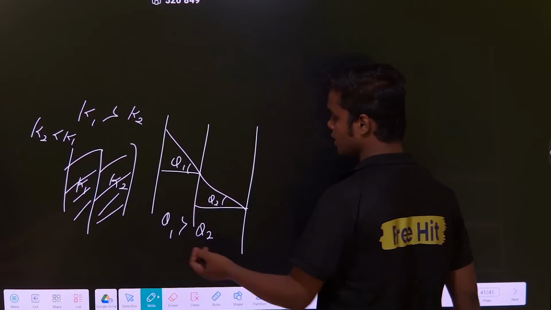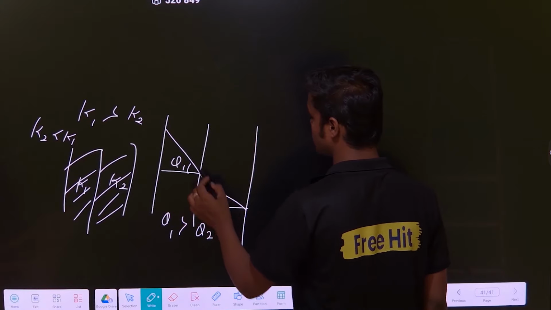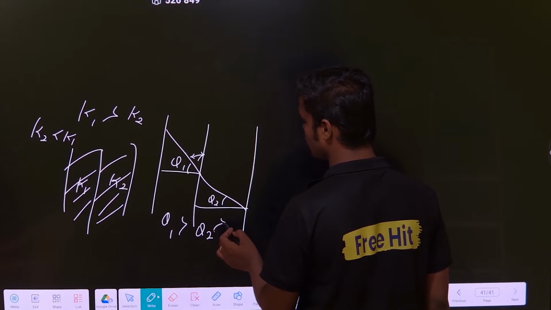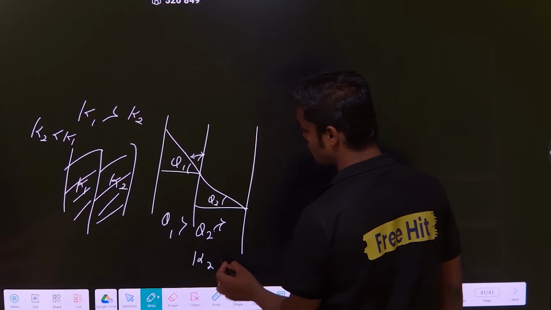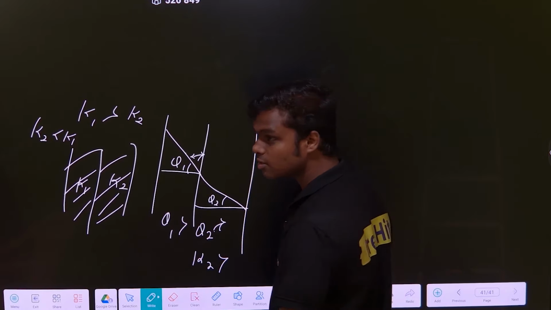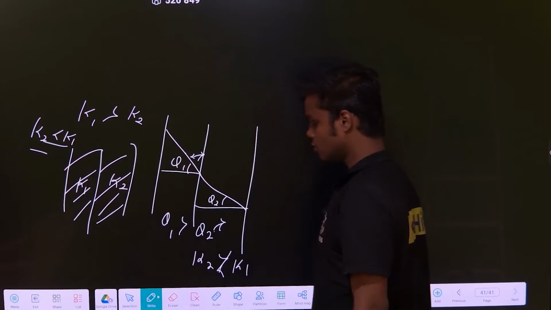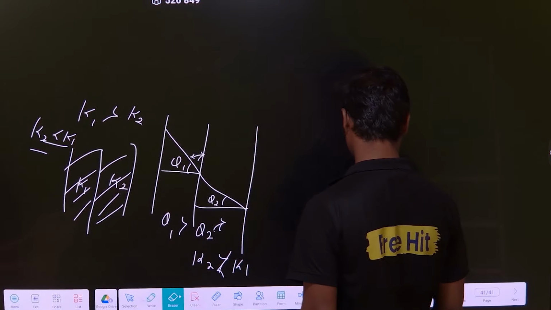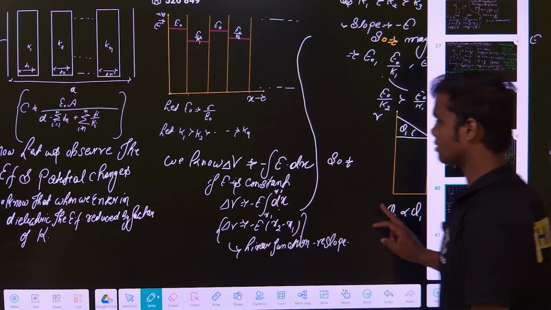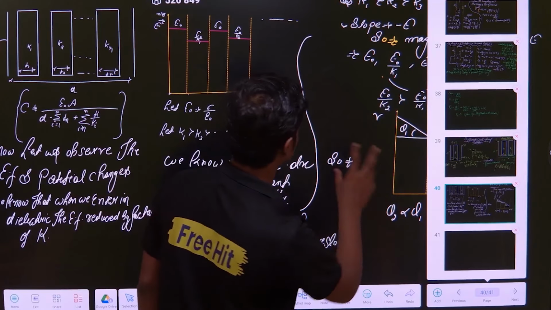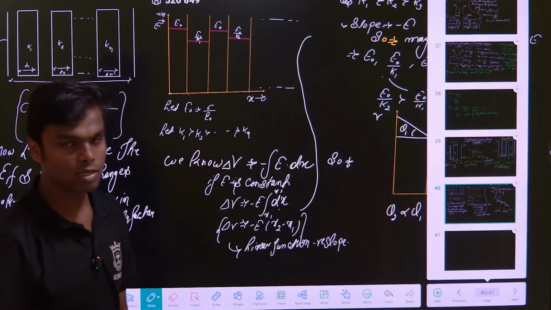See, one thing is very clear. If this angle is more than this, that means this slope is less. So this slope is less, this slope is more. This slope is more, that means K2 is less than K1, simple. That is why I told you that concept, because it is very important for you to understand it, because they have asked a question on this concept. You have to understand how the theta and the slopes are changing with respect to the electric field.